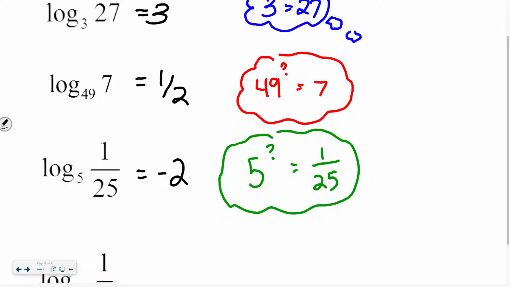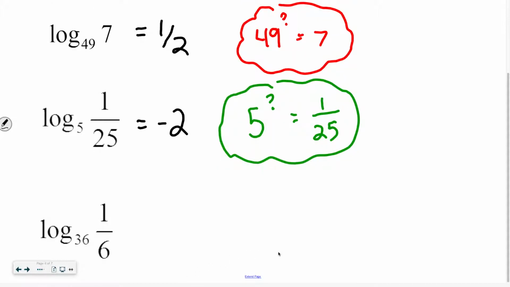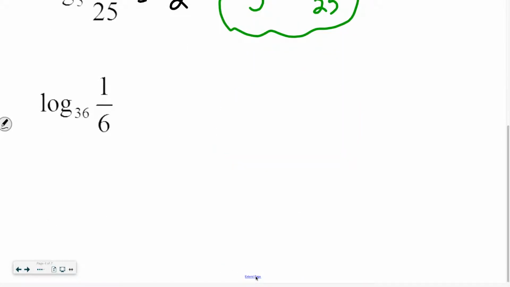Okay. Okay, I got one more. Log base 36 of 1/6. See if you can come up with an answer.